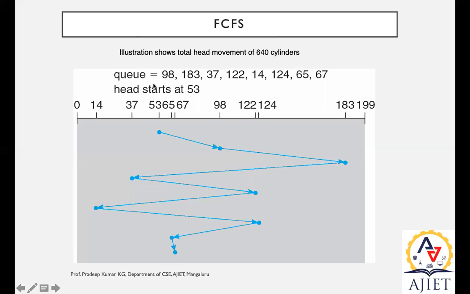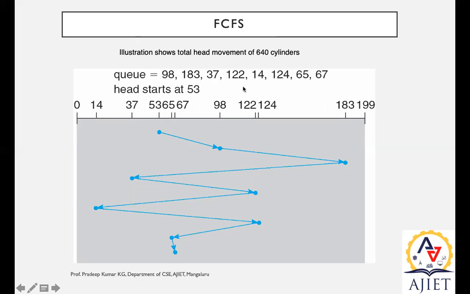So we have a queue with 98, 183, 37, 122, 14, 124, 65, 67. These are the corresponding head movements. Consider we have 640 cylinders, and these are the requests appearing for the disk.